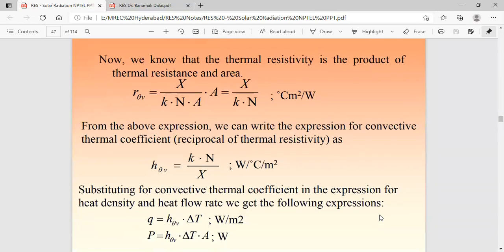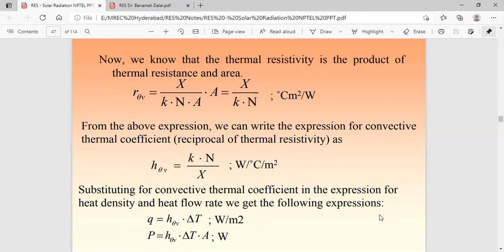Now we know that the thermal resistivity is the product of thermal resistance and area. R theta V is equal to X divided by K N A into A, that is equal to X divided by K N in degree centigrade meter square per watt.